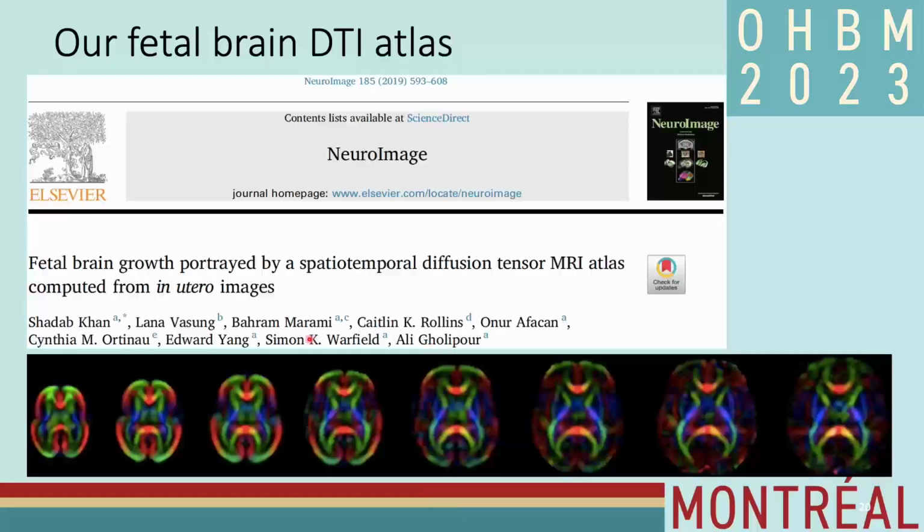So based on that technology, we were able to scan a lot of fetuses and process images appropriately. We were able to build a population atlas, the first spatiotemporal diffusion tensor MRI atlas of the brain microstructure from in-utero images. And you see snapshots of these atlases.